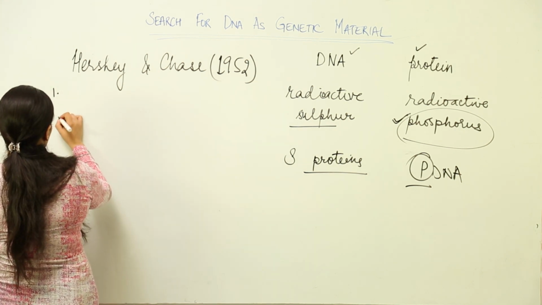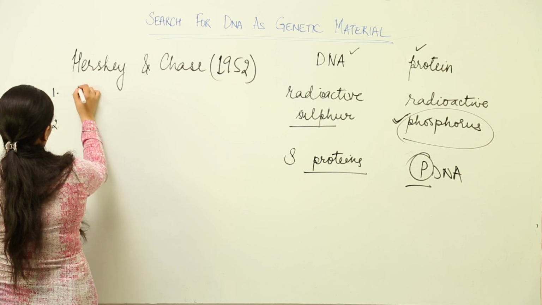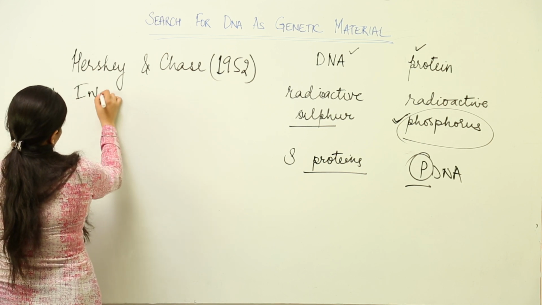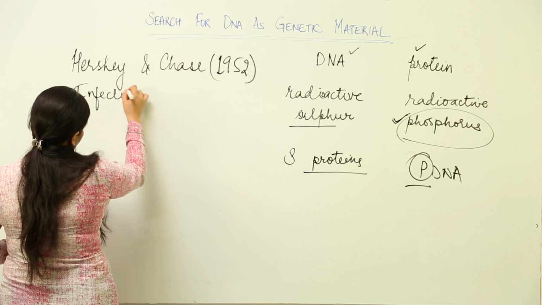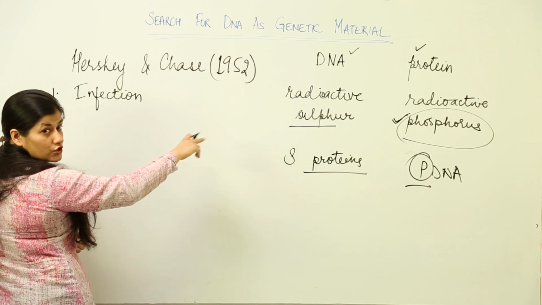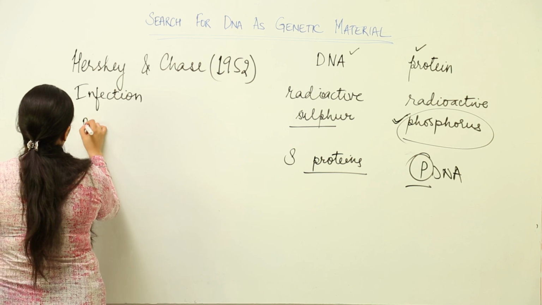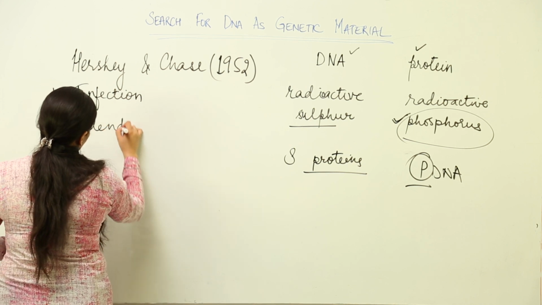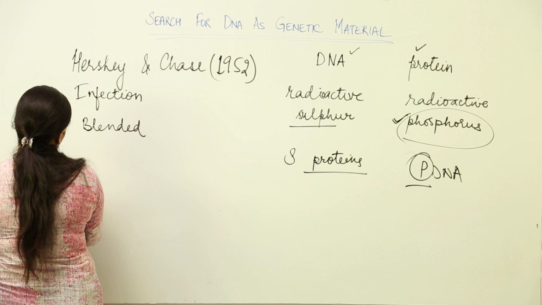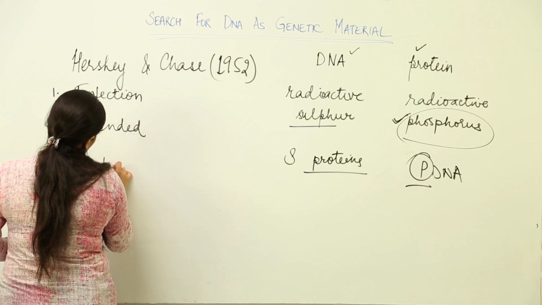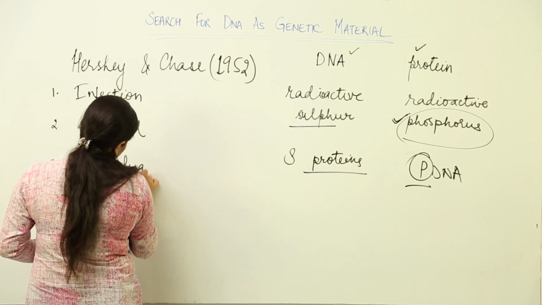The second stage is infection of bacteria, that is E. coli, with such 2 different types of viruses. Then they will be blended, and thirdly they would be centrifuged, right.